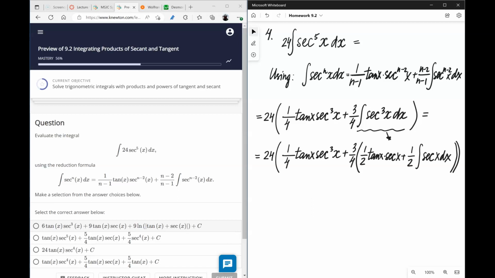But we do know the integral of secant x dx, which is ln of the absolute value of secant x plus tangent x. So, picking the right answer, if we distribute everything, it seems like the first one is the right one.